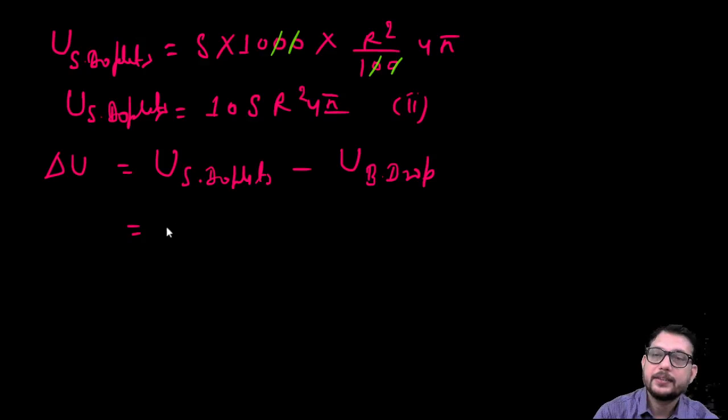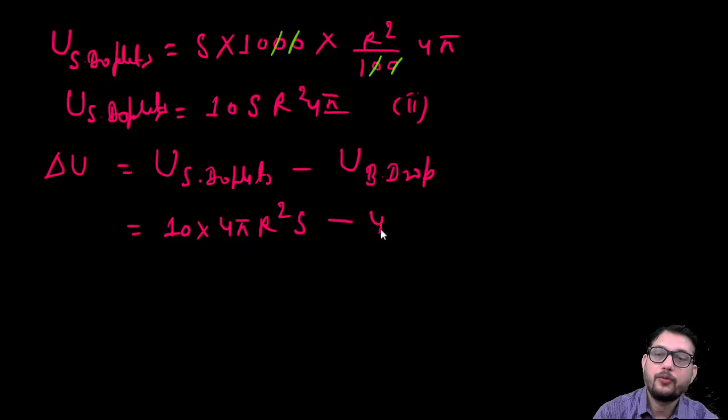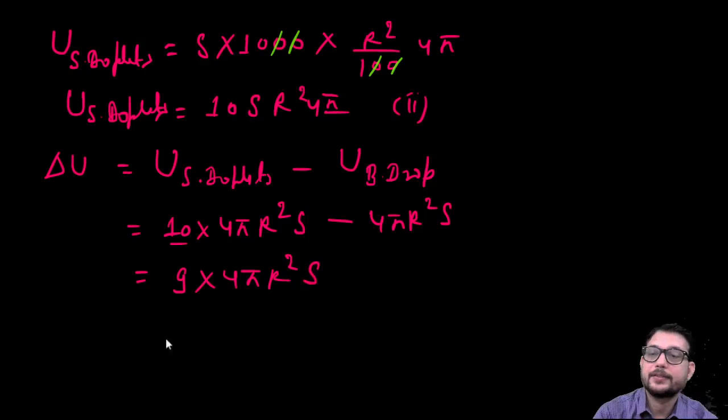That is 10 times 4 pi r square S, minus the bigger drop, which is 4 pi r square into S. So it is nothing but 10 minus 1, that is 9 times 4 pi r square S. That is delta U, or we can say the change in potential energy.